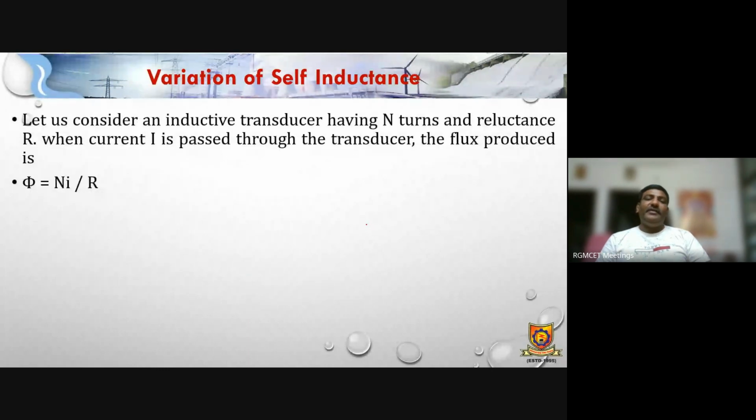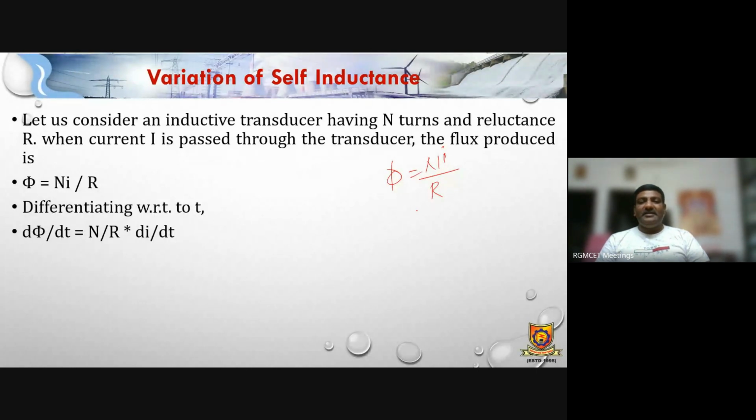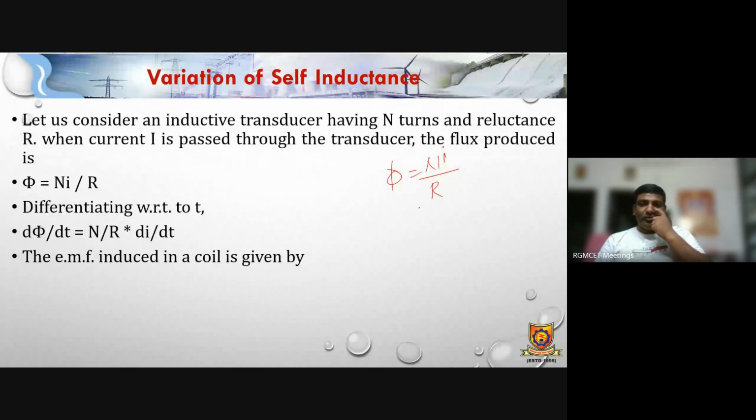So variation of self-inductance can be processed through this formula, where phi equal to Ni by R. N is the number of turns, R is the reluctance, and i is the amount of current flowing through. So the flux, and the rate of change of flux linkages, d phi by dt, is N by R times di by dt, where N is the number of turns and R is the reluctance value, these two are constant, and the current is the only variable term.